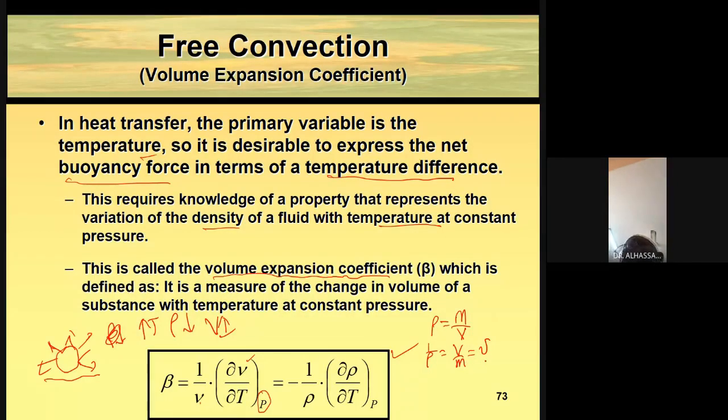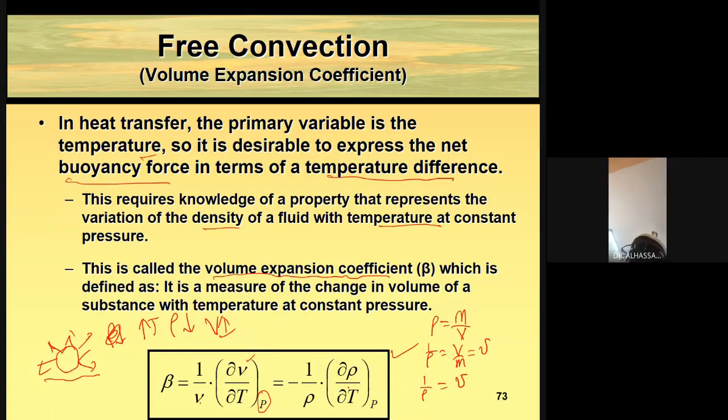So from today, you can know that 1 over rho is the same as specific volume. Wherever we see specific volume, it can be represented by density in this situation.